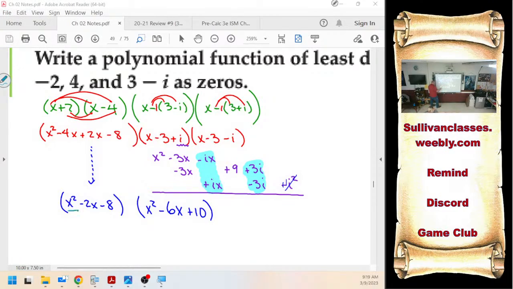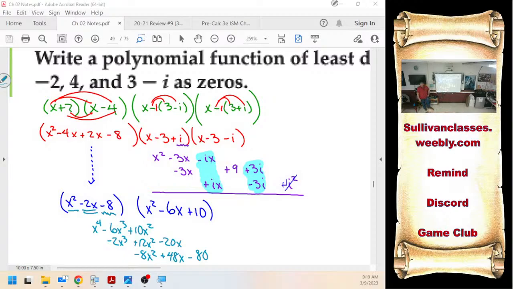If I take x squared times that stuff, I'm going to get x to the fourth minus 6x to the third plus 10x squared. If I take negative 2x, I get negative 2x cubed plus 12x squared minus 20x. If I take negative 8 times that stuff, negative 8x squared plus 48x minus 80.